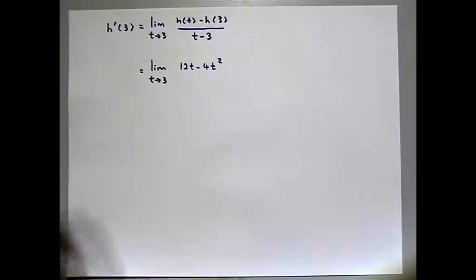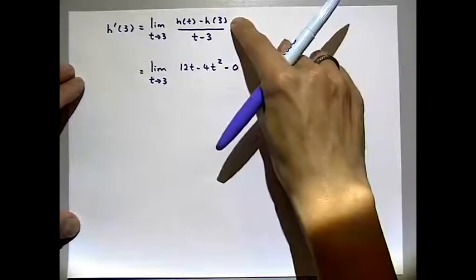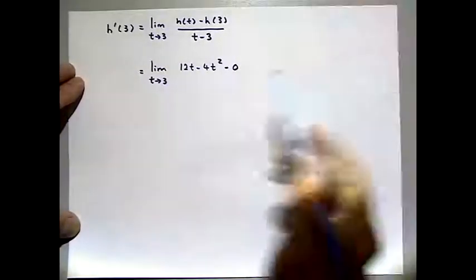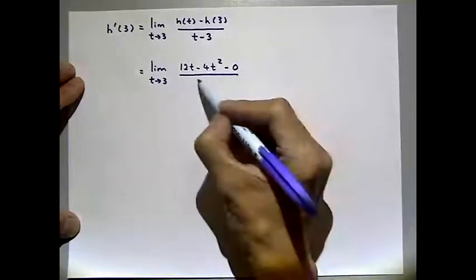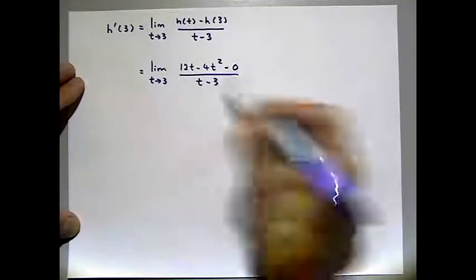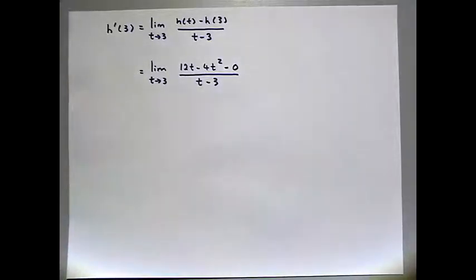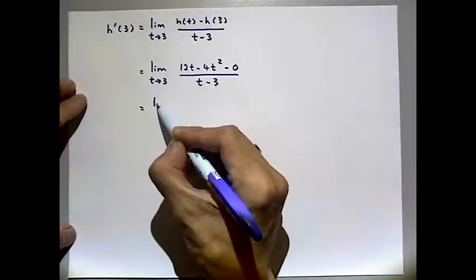So by definition it's 0. h of 3 is 0. You don't even have to calculate it. If you focus on the physical and geometric meaning behind this, that is the obvious answer. Of course, if you plug 3 into here, you will get 0.